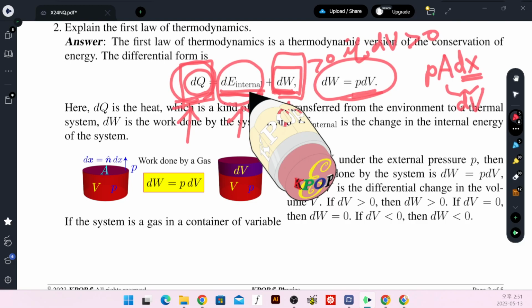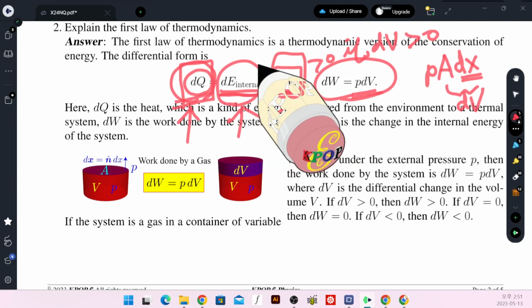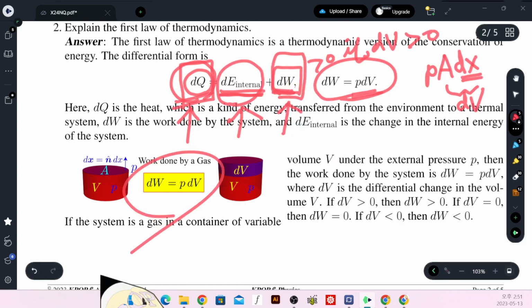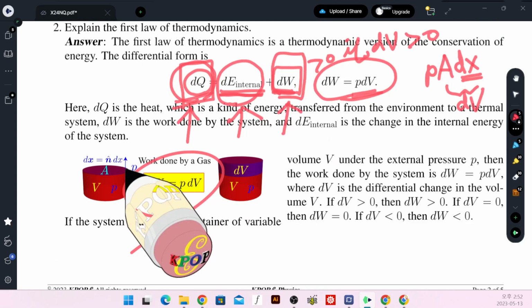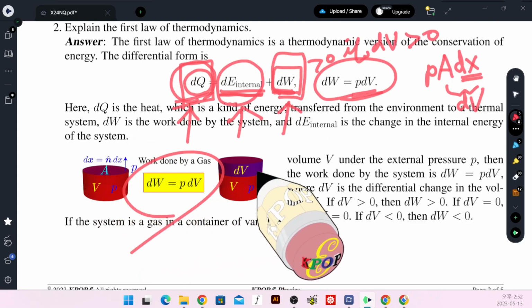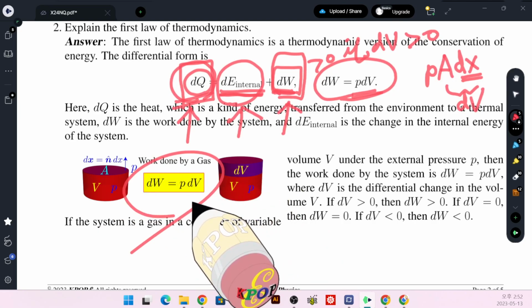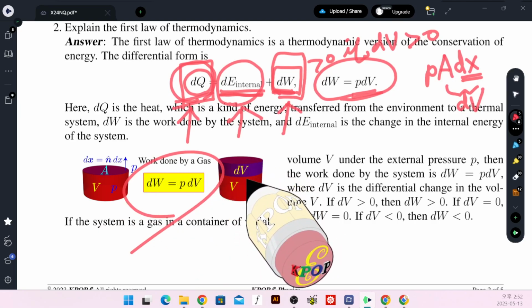The temperature represents the heat energy contained as the internal energy of the system of gas. All right, remember, this one is positive if the volume increases. This one becomes negative if the volume decreases.